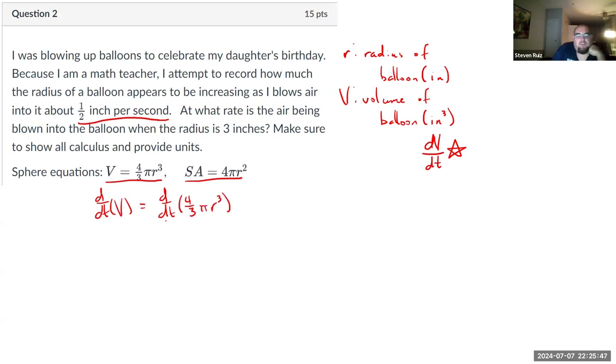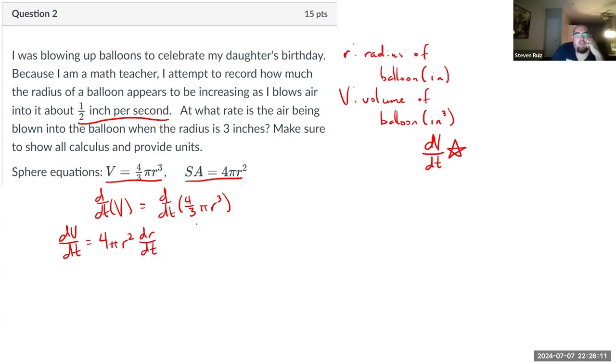I'm going to differentiate the volume with respect to time expressed in these two different ways. So I get dV/dt equals, first I'm going to differentiate this expression with respect to r. That will become 4 pi r squared, and then times the derivative of r with respect to time. So 4 pi r squared dr/dt.